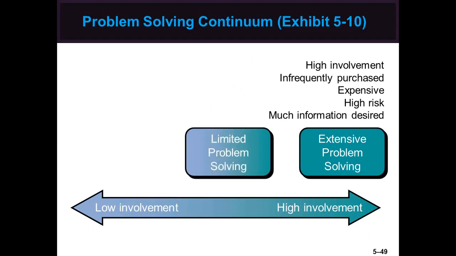So in extensive problem solving, a consumer attempts to satisfy a completely new or important need. So much information is needed. The consumer has no experience. The decision and risk of making a wrong decision are important. And these purchases are often referred to as high involvement purchases.